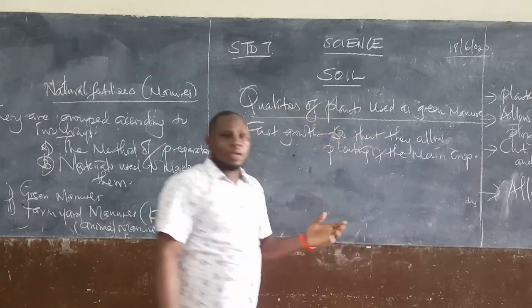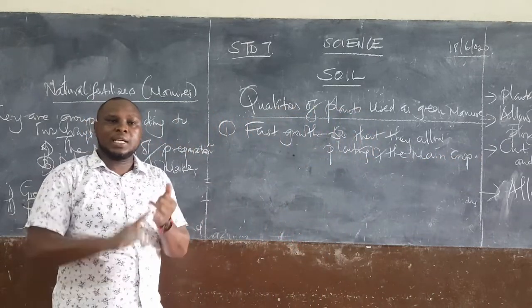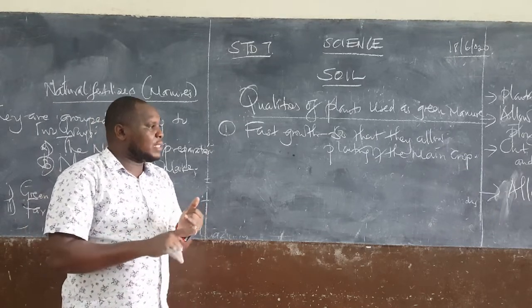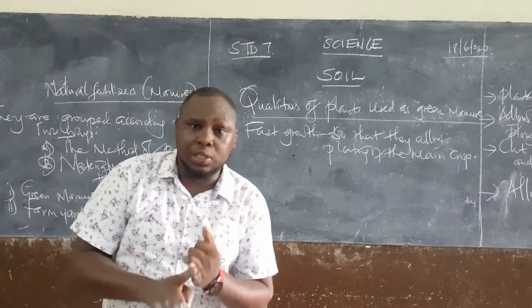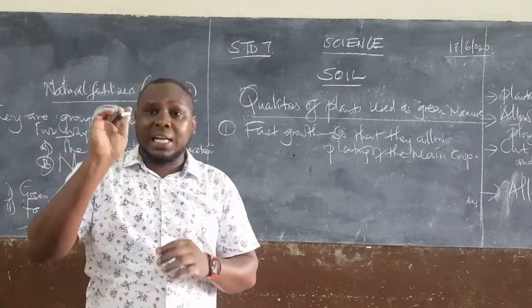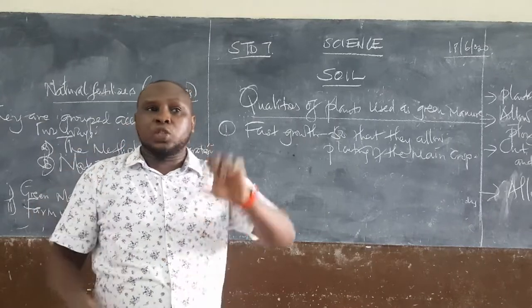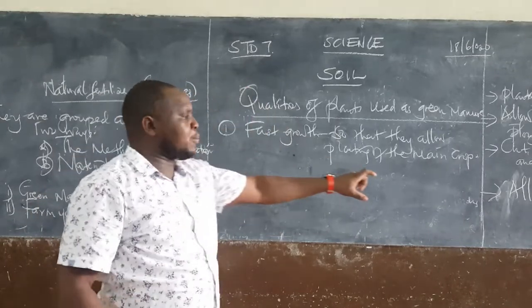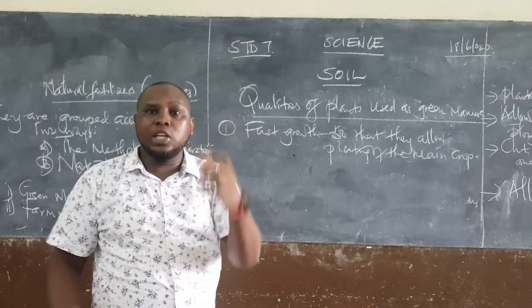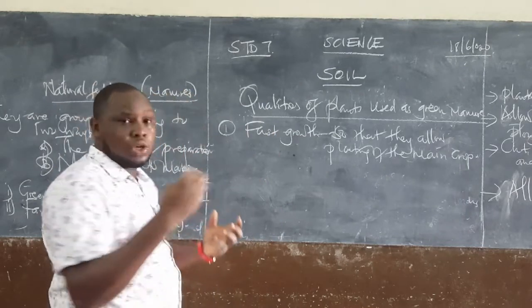If it's going to take most of the time, it means that rains will be very short for that particular main crop, and at the same time, we know that nitrogen is found at the onset of rains, because that is when we have lightning. So the lightning helps these leguminous plants to fix nitrogen into what we call the root nodules.